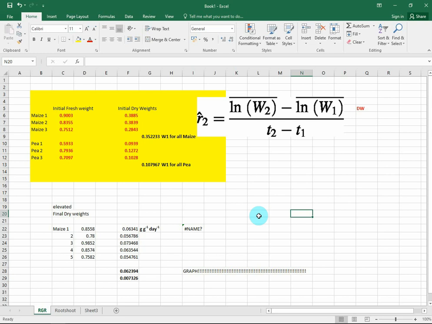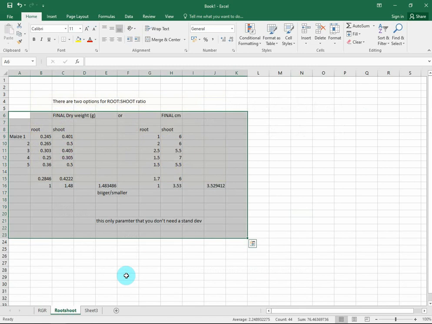Yes, so remember, I don't think I said the root shoot ratio. You are now obviously just going to have 4 values. You can choose whether you want to put it in a table. It can't fit on a graph. I wouldn't know how to put it on a graph.